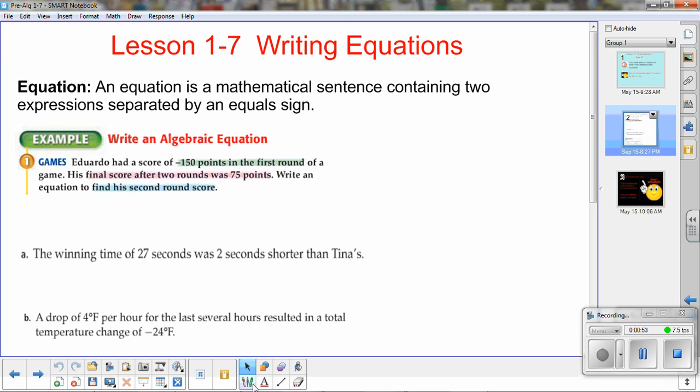So that is what I'm going to use for my variable. I'm going to use an S for his second round score. So I'm going to define my variable. S equals the second round score.